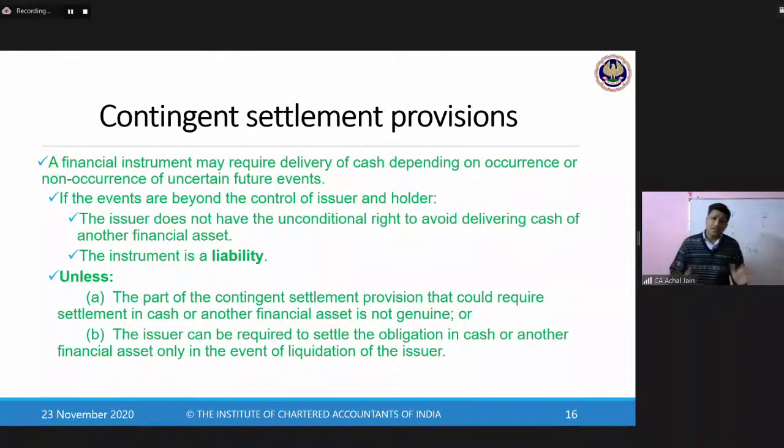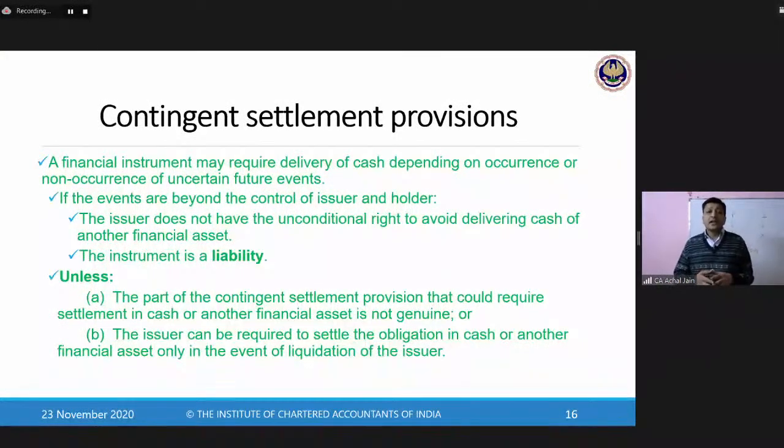Again, continuing on the same point, it's about debt versus equity. There is another thing which is called contingent settlement provision. What is this contingent settlement provision? Sometimes in the contract, there could be certain terms which may not be within the control of the issuer and which at times may also not be in the control of the holder.